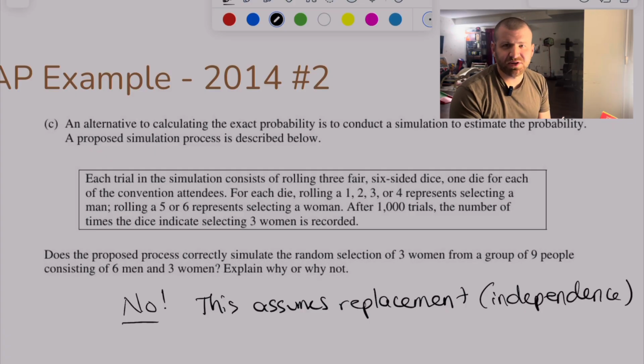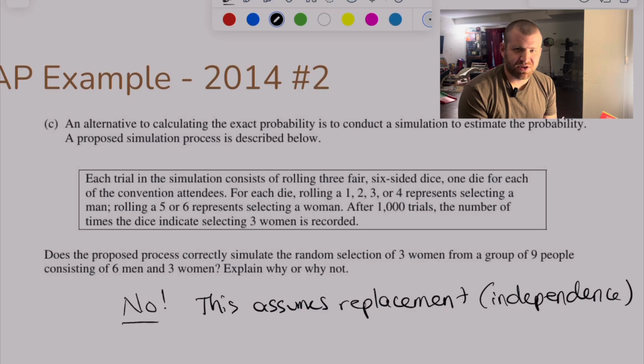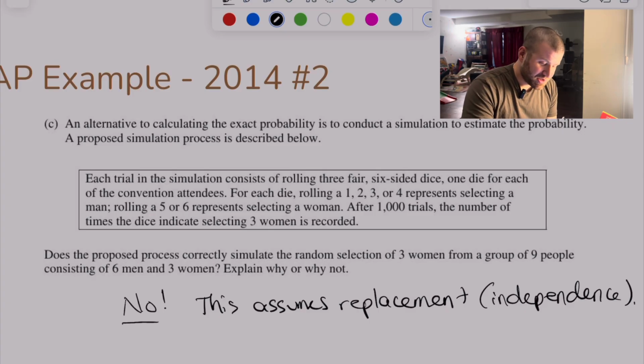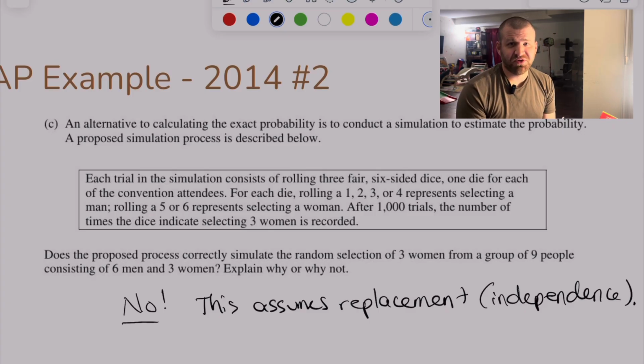It assumes that there is independence in your selections, but once I pick somebody, I can't pick them again. And so once I pick a guy, there's 1 less guy to choose from. Once I pick a girl, there's 1 less girl to choose from. And so this does not appropriately simulate the process for picking these 3 people.